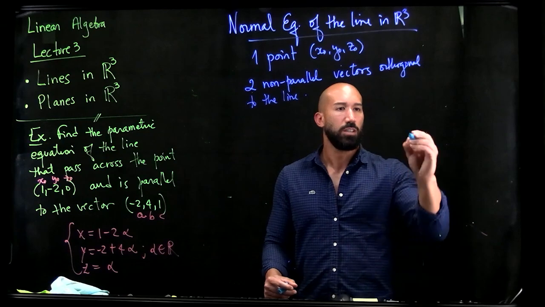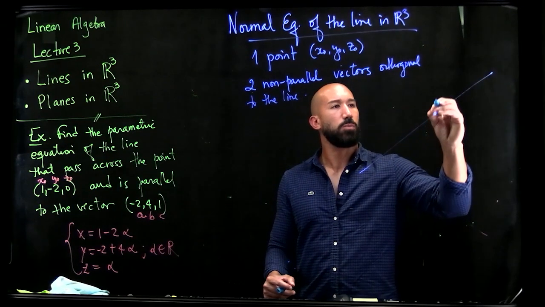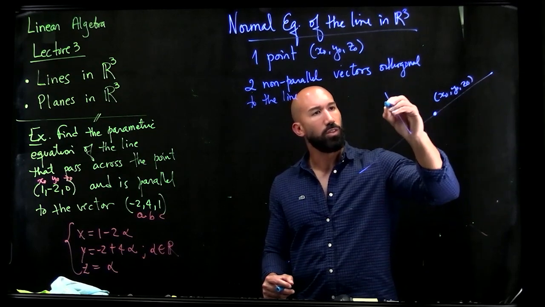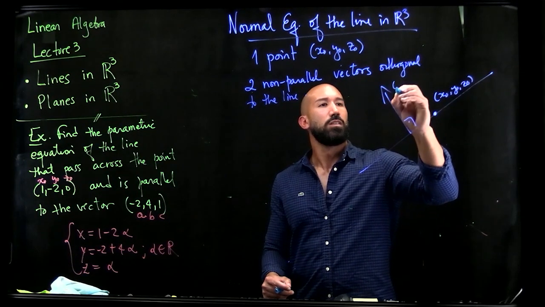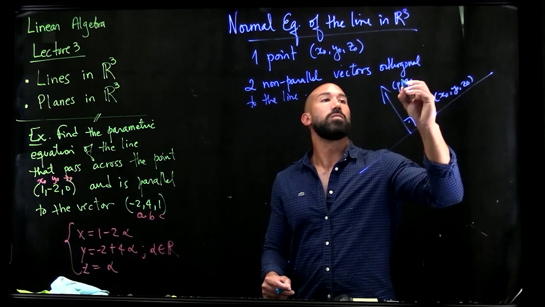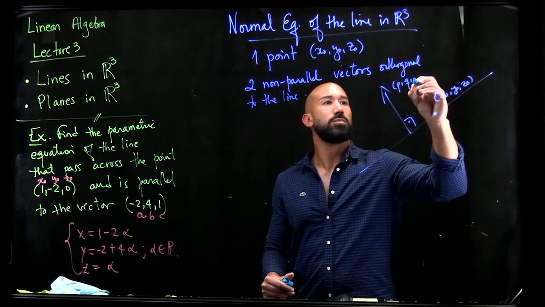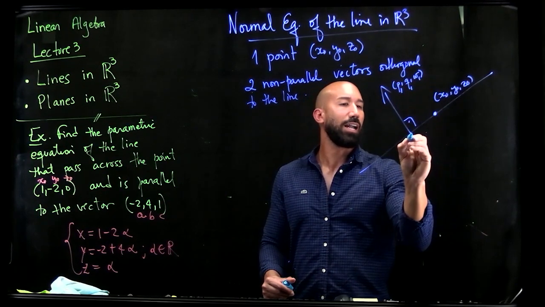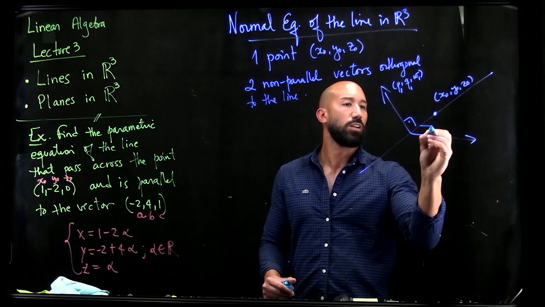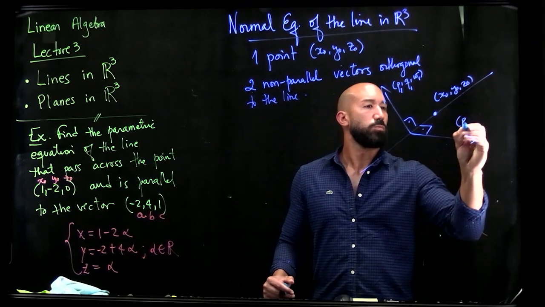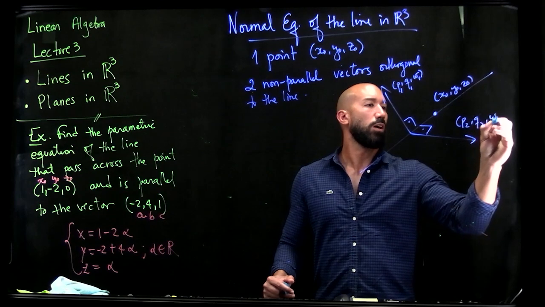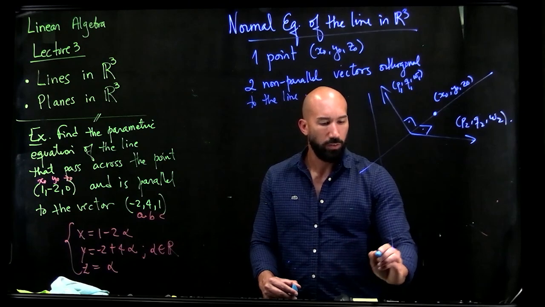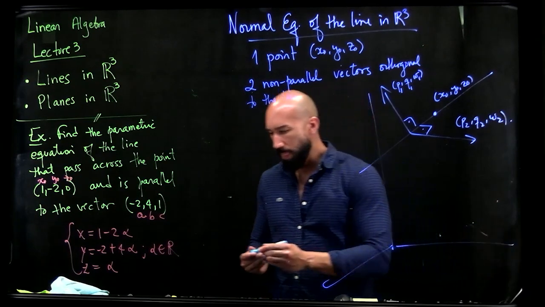Is that okay? So I have my line, I have my point, and I have a first orthogonal vector here, P1, Q1, W1, and another orthogonal vector here, P2, Q2, W2. Okay? So somewhere I have my origin here.